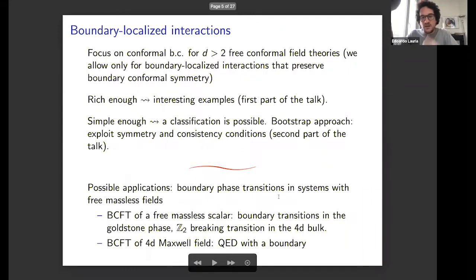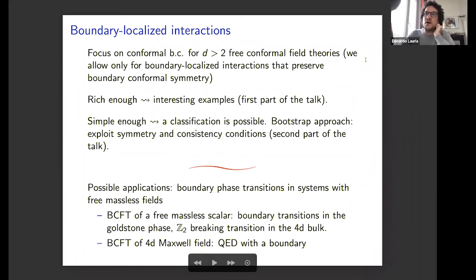So my goal for today is to try to make some progress towards a classification of conformal boundary conditions for higher dimensional CFTs. Of course, this problem is extremely complicated. So I will explain some more general facts, but ultimately I will be focusing on the boundary conditions for the simplest conformal field theories that you can place in the bulk, namely conformal boundary conditions for free conformal field theories.